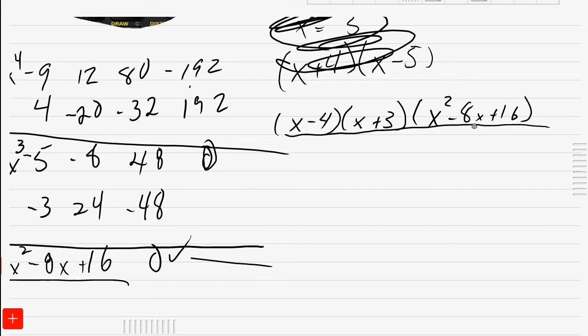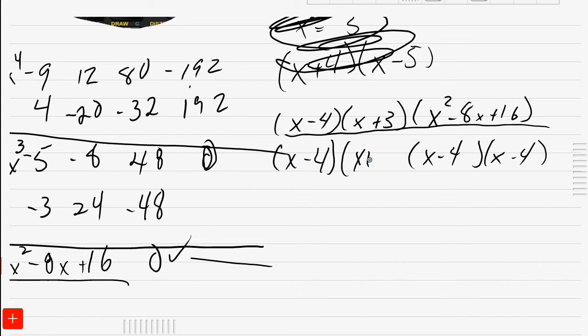Could I factor this? A product of two numbers that give me 16 that would add to give me negative 8. I think so. Negative 4 times negative 4 is 16, and negative 4 plus negative 4 gives me negative 8.